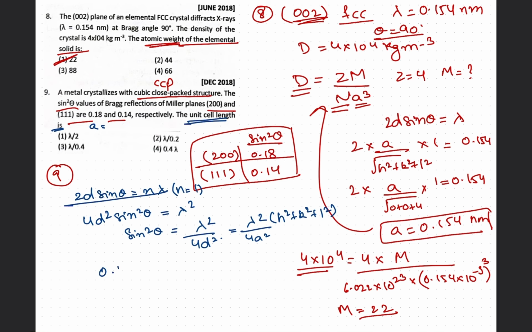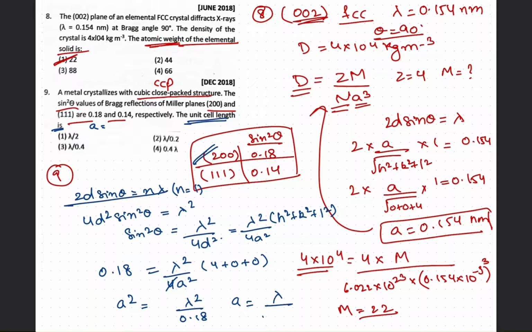Now evaluating everything, this equation will be lambda square upon 4 a square, it will be 4 plus 0 plus 0. So we will take a square here, lambda square, 4 cancel, 0.18. So a will be lambda root 0.18, which will be approximately equal to lambda 0.4. Here you have to use the approximate values.